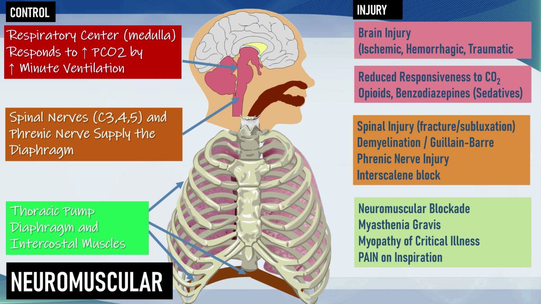And then, of course, we see this quite a lot in chronic critical illness, where patients have devastating myopathy and they just can't breathe because all those muscles are very weak. And finally, sometimes the patients just stop themselves from breathing by withholding breaths because they feel pain when they inspire. And we see this quite a lot after upper abdominal surgery.